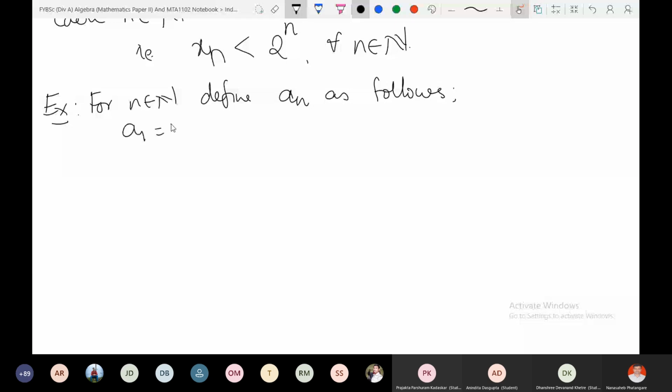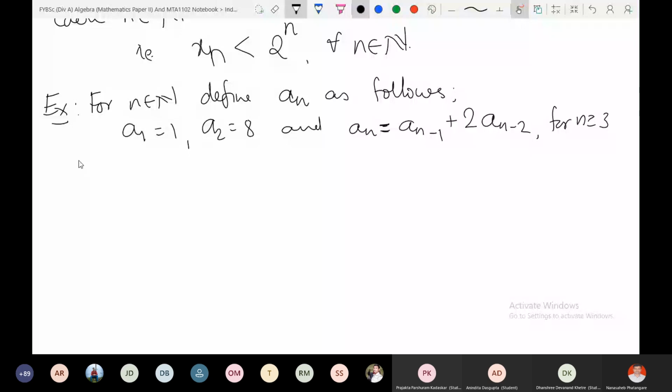So a1 is equal to 1, a2 is equal to 8, and an is equal to an minus 1 plus 2 times an minus 2 for n greater than or equal to 3. So a1 is 1, a2 is 8, and using this expression, called a recurrence relation, you can calculate a3, a4, a5, and so on. You can calculate all the an.